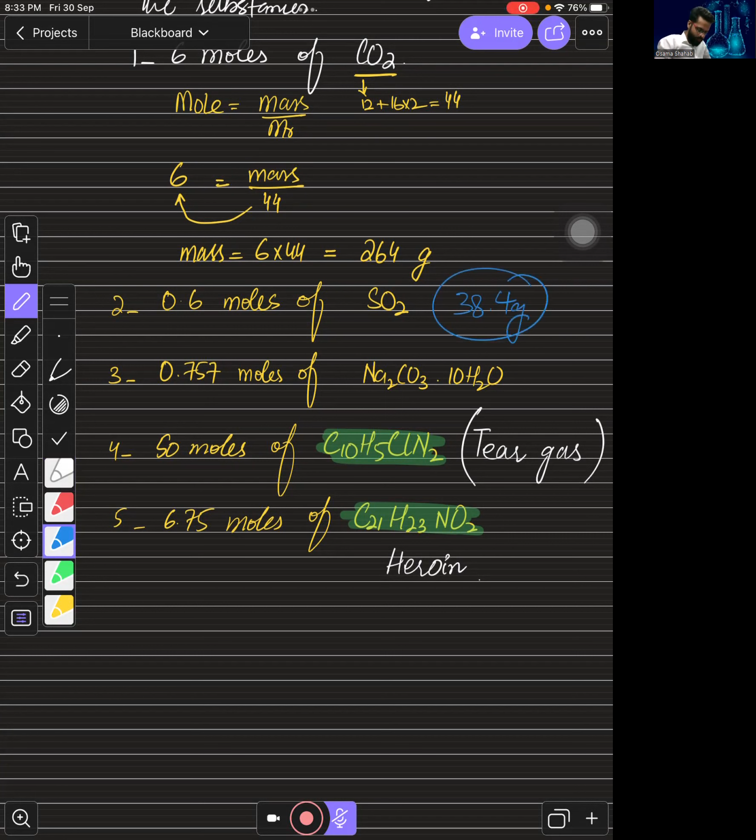The first one is 38.4 grams, and it is 286 into 0.757. So it is 216.5 grams, right, बच्चों?